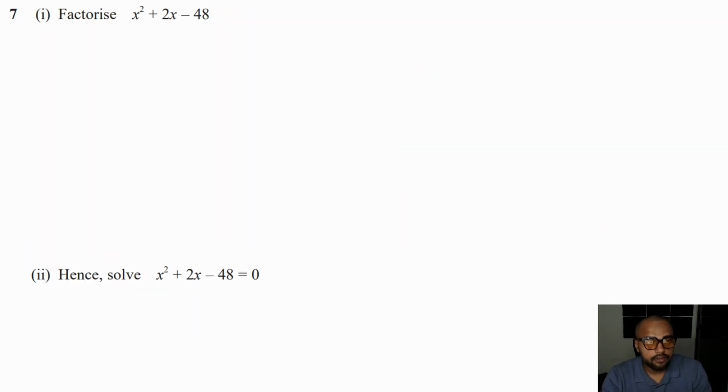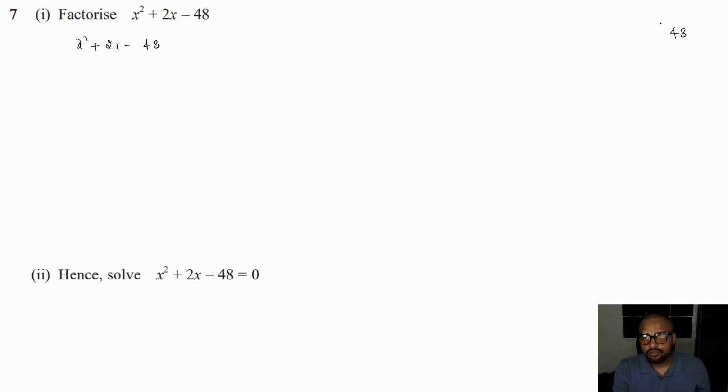Now let's move ahead. In the second part, it's very easy for us, that is factorization. So we need to factorize this, students. It's x square plus 2x minus 48.